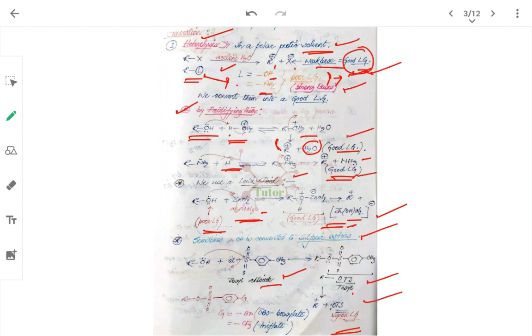Now, if in this sulfonic compound the G is bromine, then it is OBs, brosylate, and if the G is CF3, that is triflate.